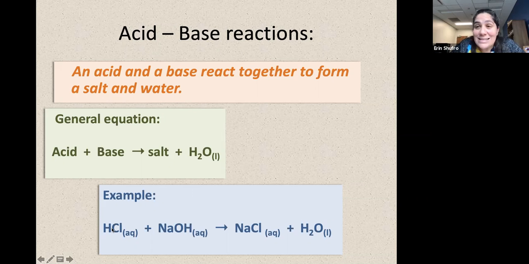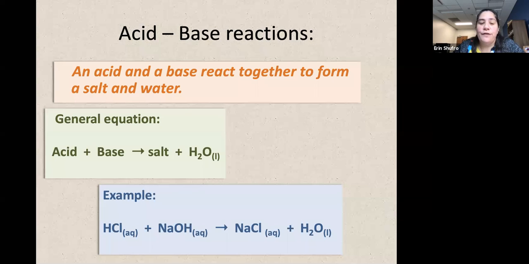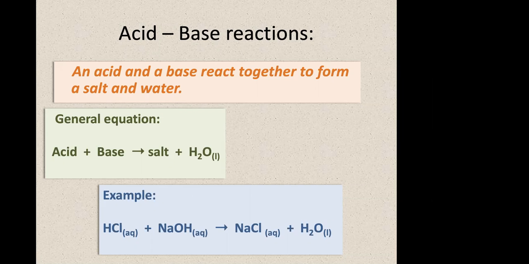To identify the acid, remember when we were talking about nomenclature, we said that to identify the acid, you were looking for one thing. Anybody remember what that was? What did we look for to identify an acid? It has hydrogen.